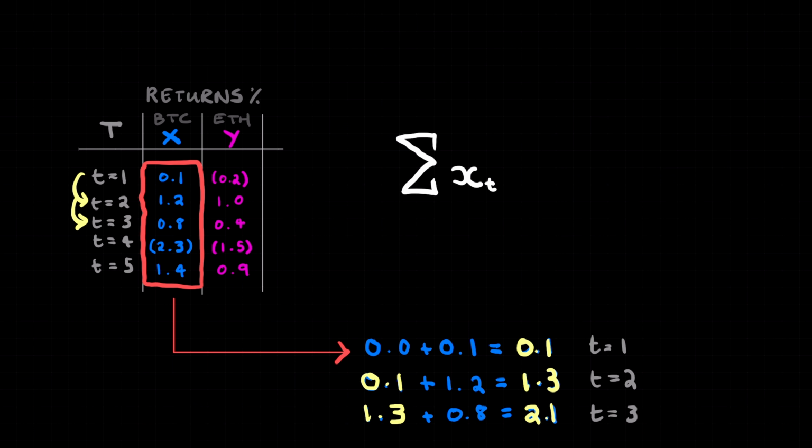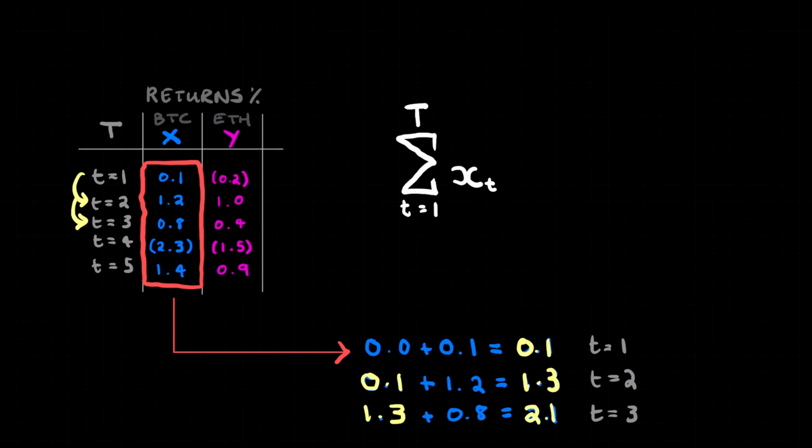Now, to know to start at the beginning, we can just put the notation here, t equals 1, underneath the sigma sign or next to it underneath. And above here, we can tell it how many items to go through. So let's say we have 360 rows of data. We could put the number 360 on top here.